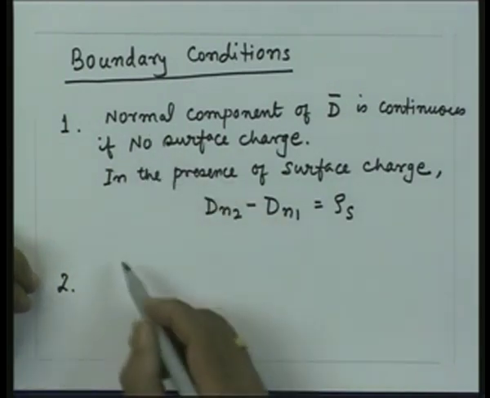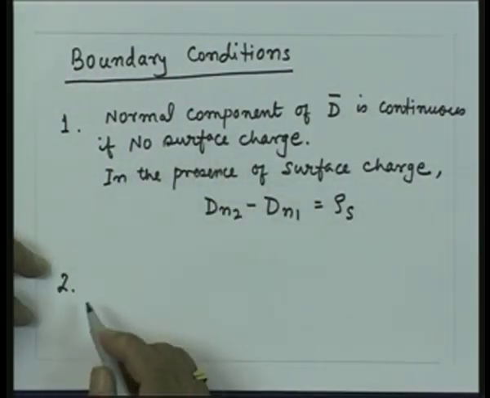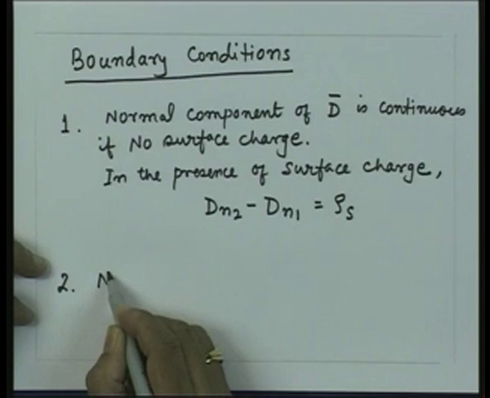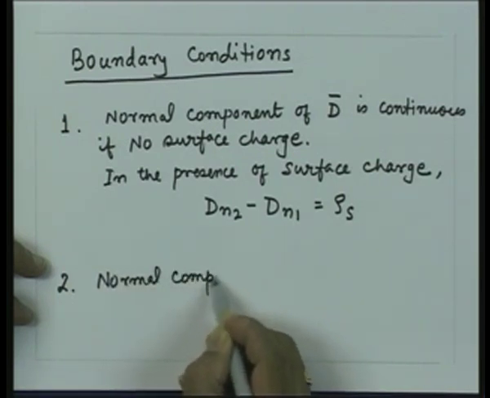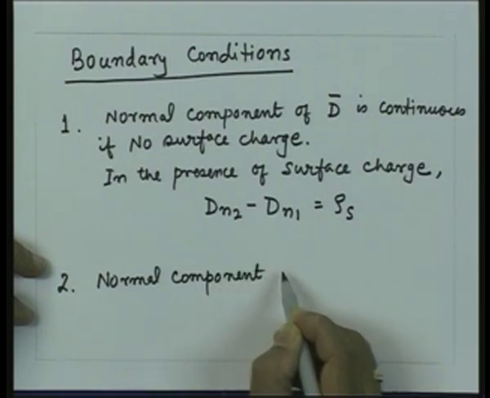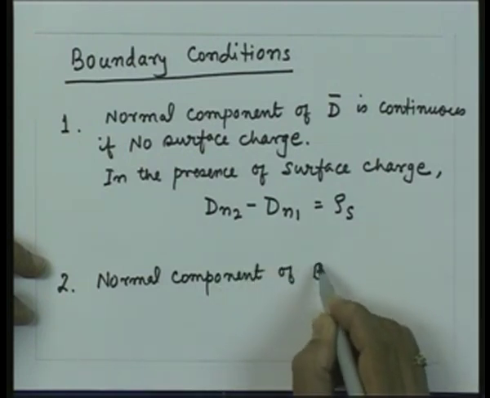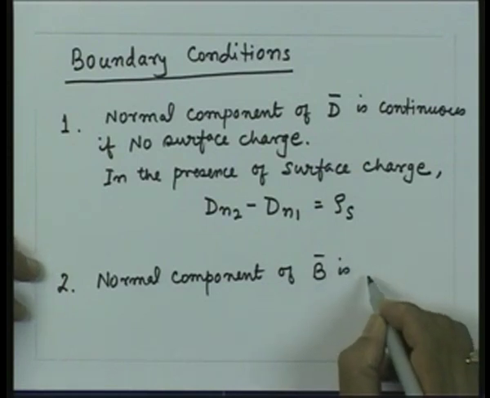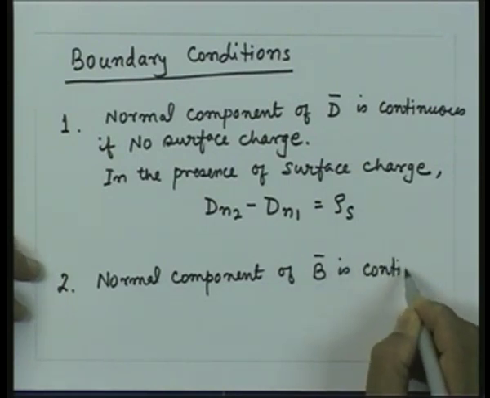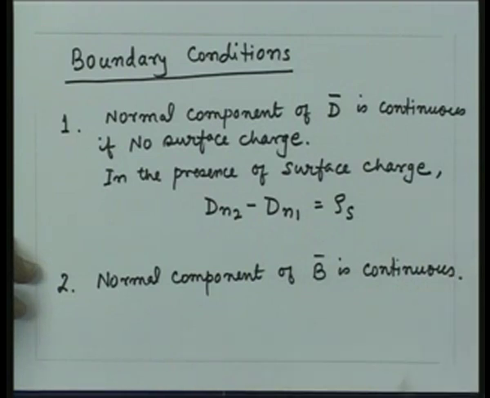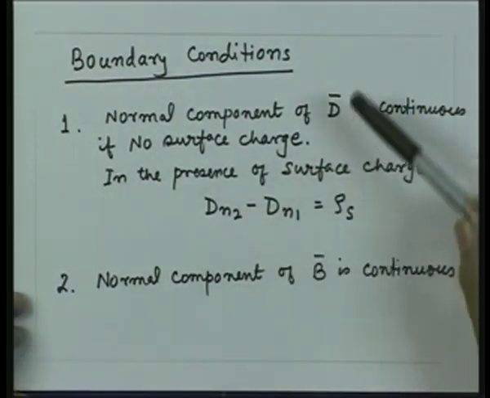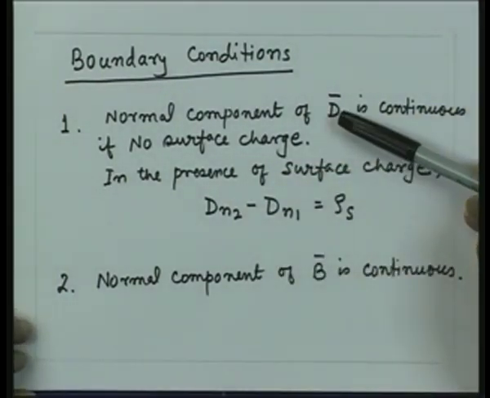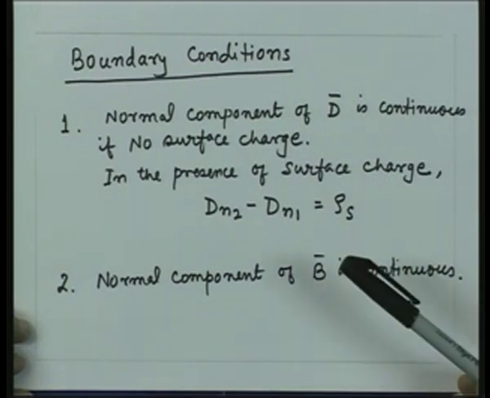So, we say that the general condition for the magnetic flux density is that the normal component of B is continuous.